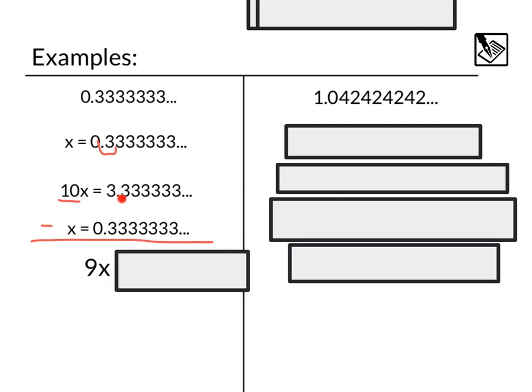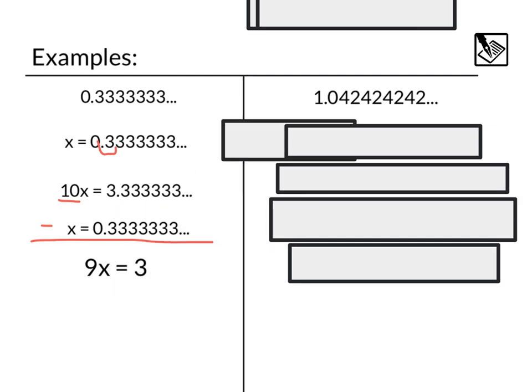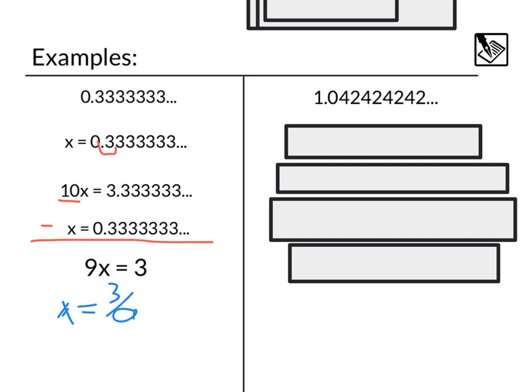And then we've got 3.33 repeating, minus 0.33 repeating, and that repeating part will actually go away, giving us 9x equals 3. And if we solve by dividing by 9, we'll end up with x equals 3 over 9, or that 1/3 that we guessed this would be. So that is the basic process.